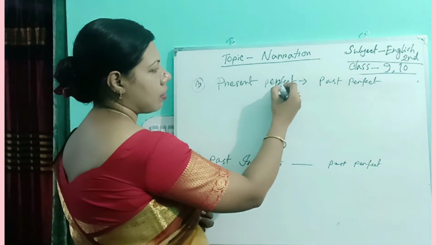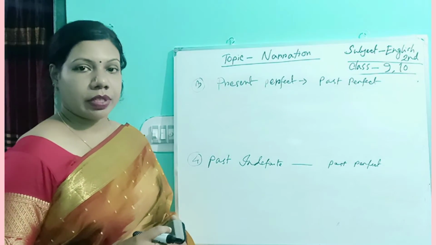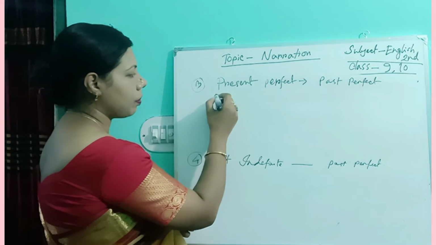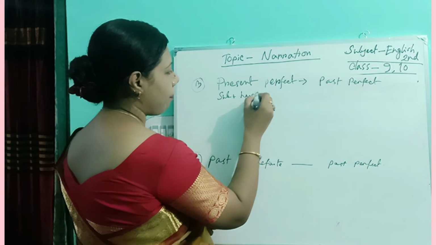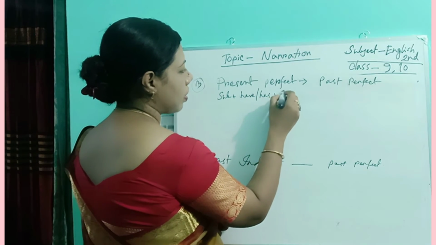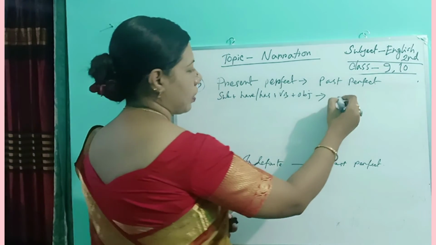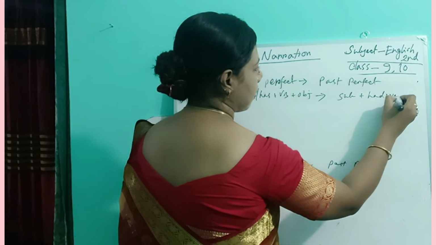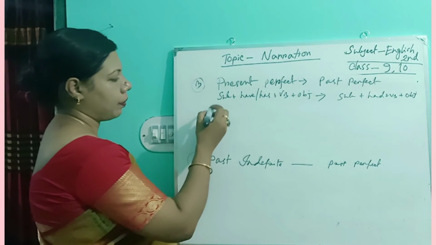If the given speech is present perfect, we will convert it to past perfect. The form is subject plus have, has plus verb 3 plus object; past perfect: subject plus had plus verb 3 plus object. Okay, now example.